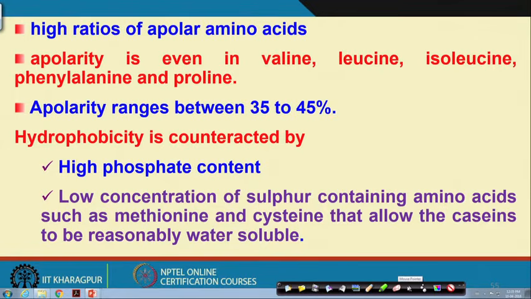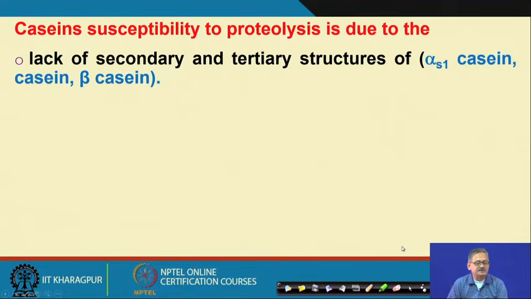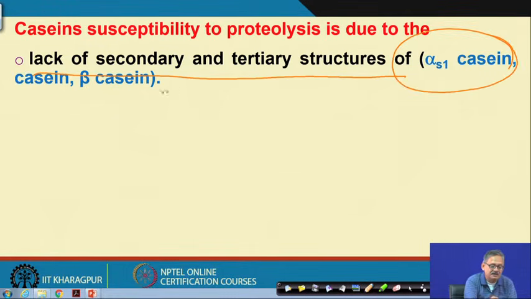So, we come to the point that casein's susceptibility to proteolysis is due to the lack of secondary and tertiary structures of alpha S1 casein and beta casein. Because of them, they do not have much secondary and tertiary structure.